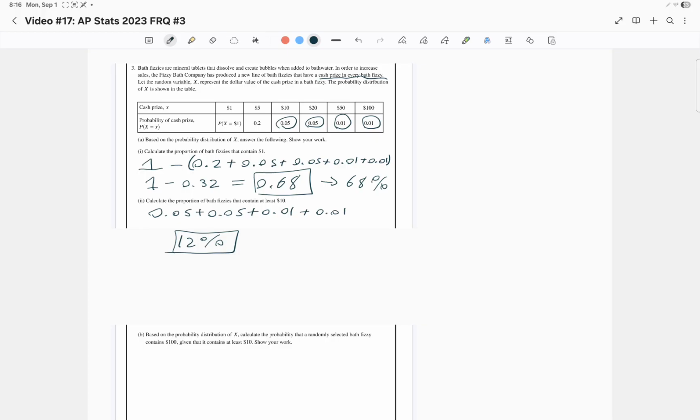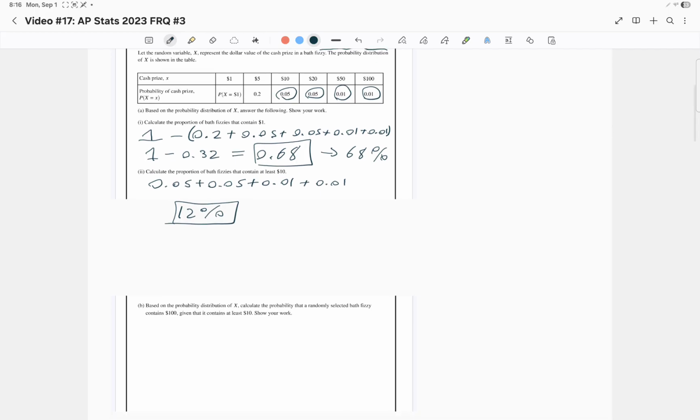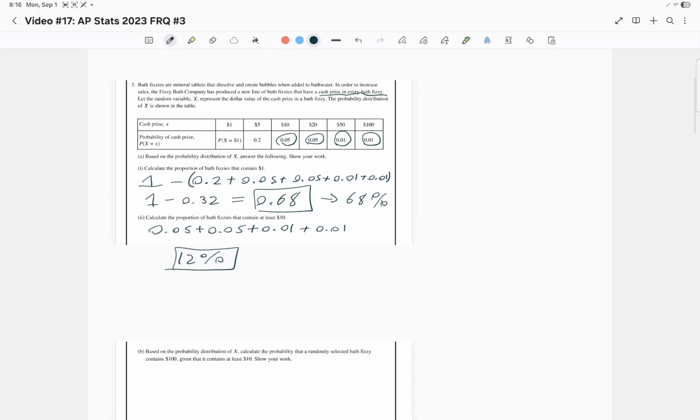So then that could accurately represent the proportions that we get in our answers. So that's sort of the rationale behind why we can convert from probability to proportion. Because when we have a lot of these fizzies, right, which I'm assuming they're creating a lot of these, a new line of bath fizzies, probably producing millions of these.